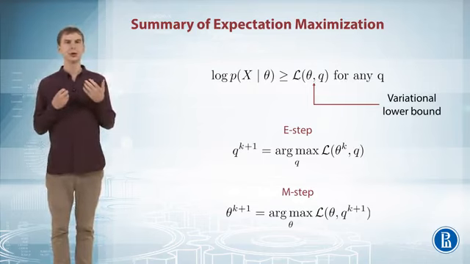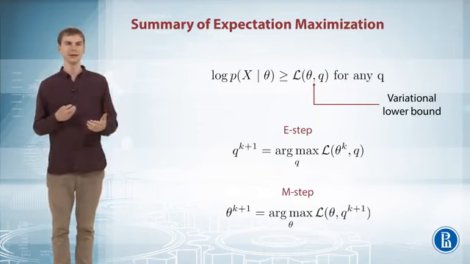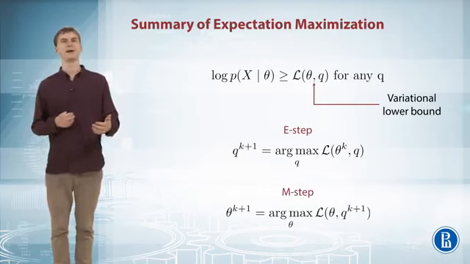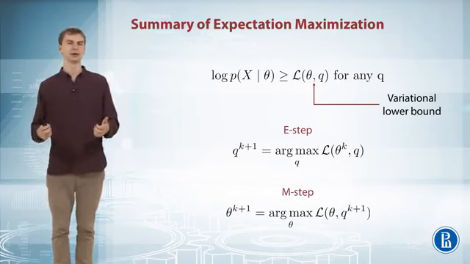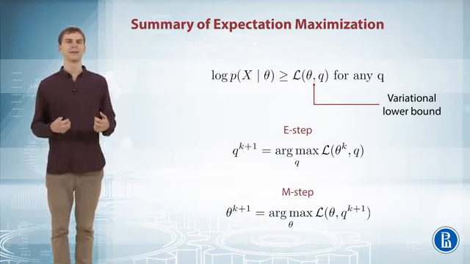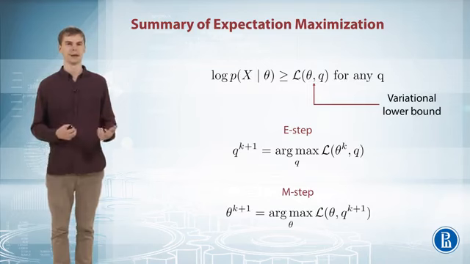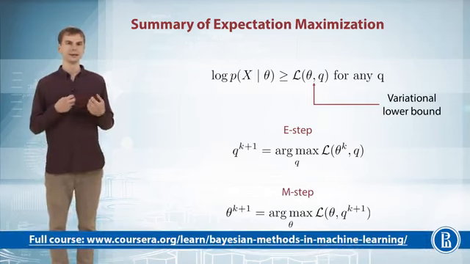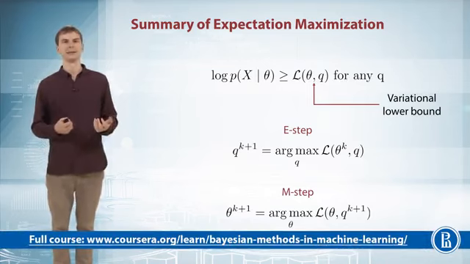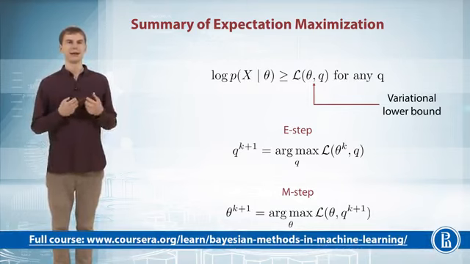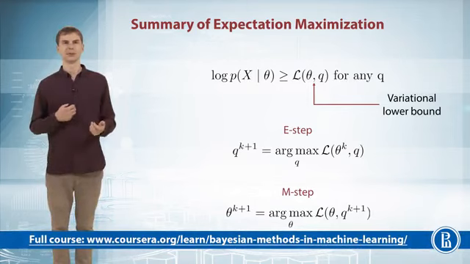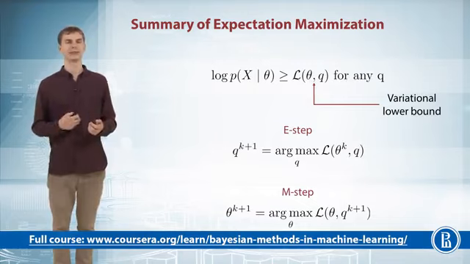And it suggests you optimize this lower bound in iterations by repeating the two steps until convergence. On the E step, fix theta and maximize the lower bound with respect to q. And on the M step, fix q and maximize the lower bound with respect to theta. So this is the general idea of expectation maximization. In the next videos, we will discuss how to obtain these E and M steps efficiently.